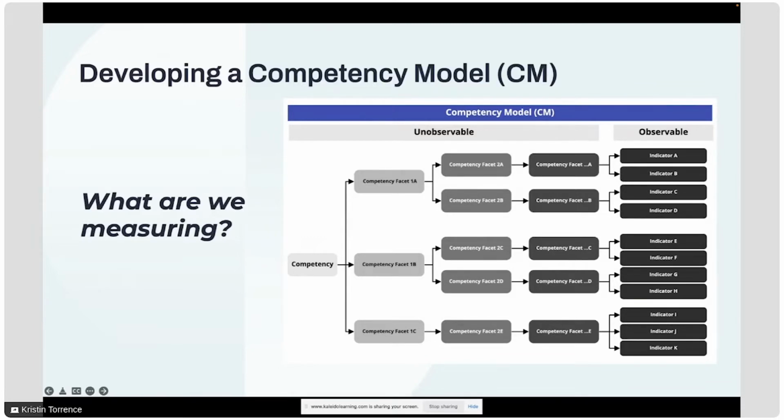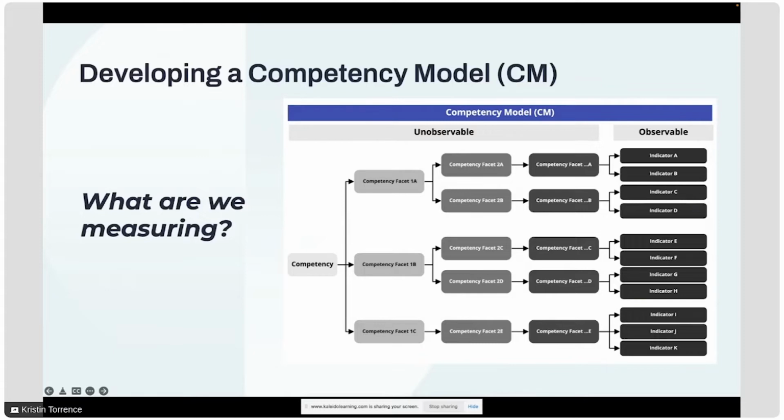All right, so the competency model asks, what are we measuring? What do we want to be able to claim about a learner? And you can create a competency model by unpacking competencies from the unobservable facets to observable variables, ending with behaviors and actions that can be observed in the VR system.